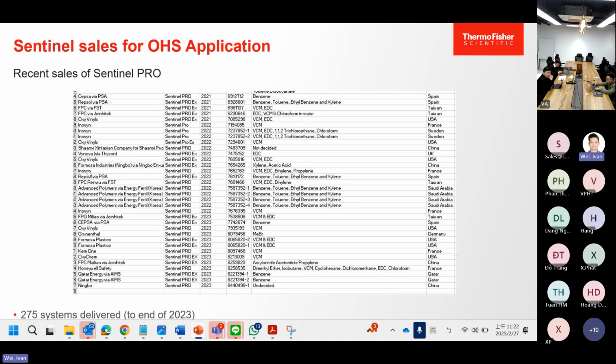Something really familiar in the Vietnam region is Formosa Industries. Formosa Industry in Ningbo uses our Sentinel Pro to measure EDC and VCM, those chemical compounds in the atmosphere.